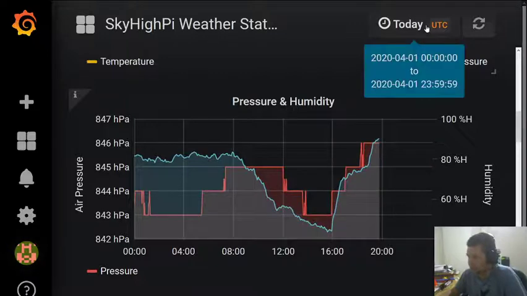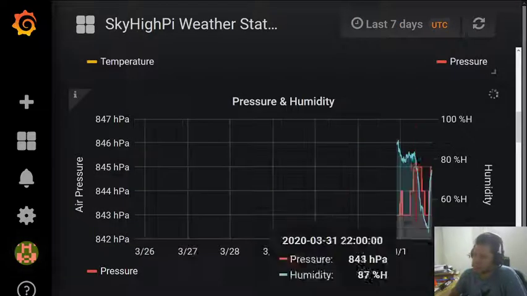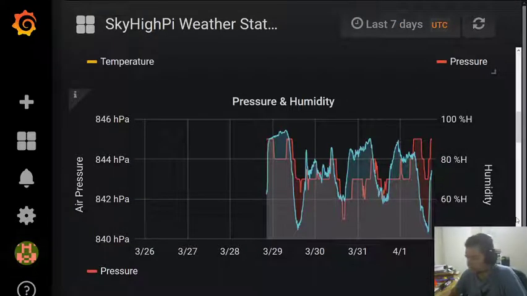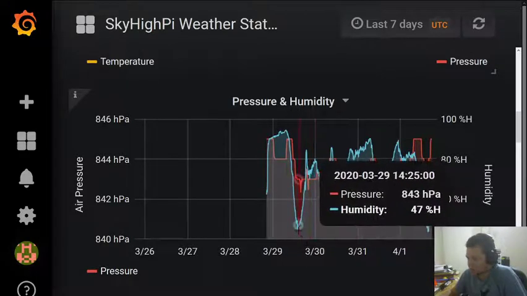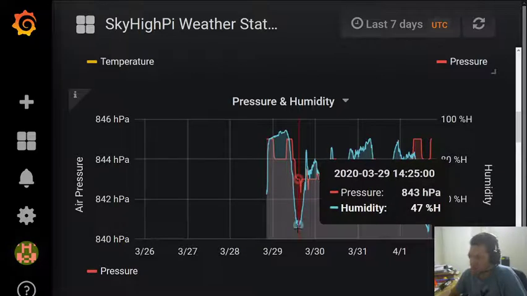And if we look at this for the last 7 days, you will see a similar relationship, so these very low troughs of relative humidity are actually during the hottest part of the day.